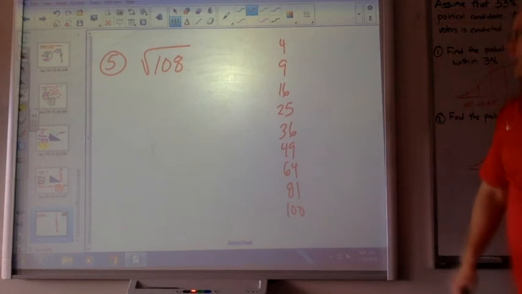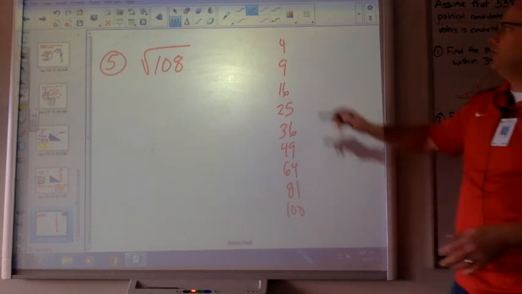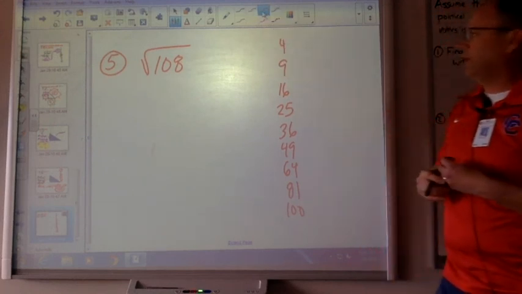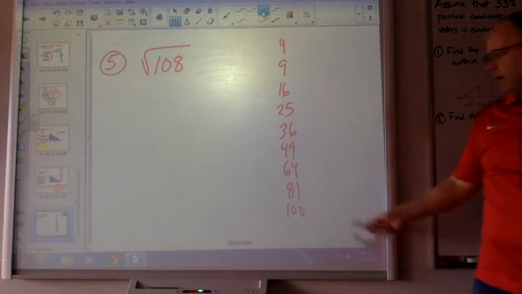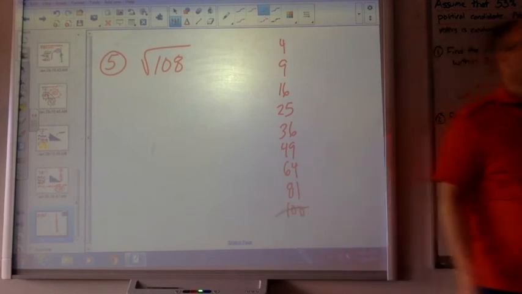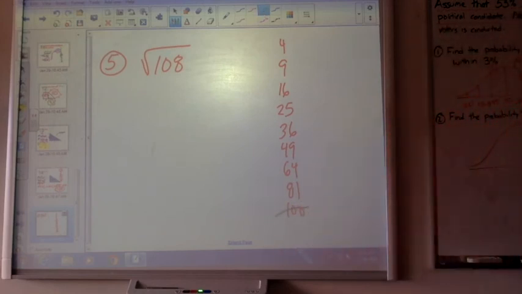All right, so now let's start thinking. Are there any numbers up here that we can probably eliminate right away? I'm pretty sure we can get rid of 100, because 100 times some number is not going to give me 108. What about 81? Does 81 times some number give me 108?